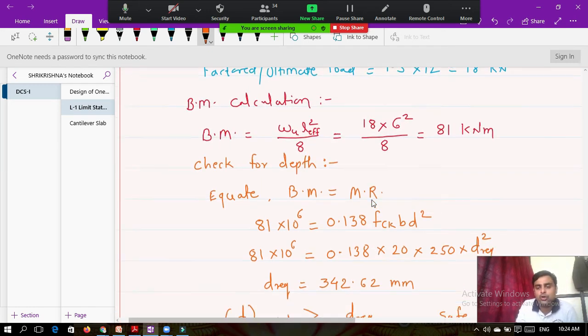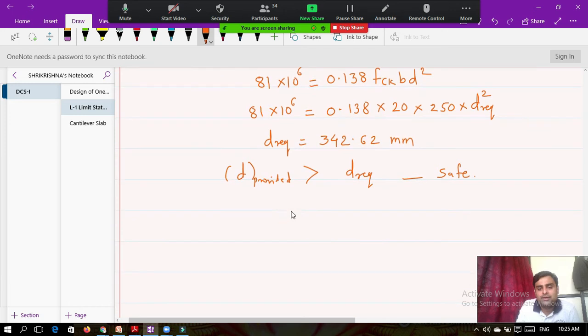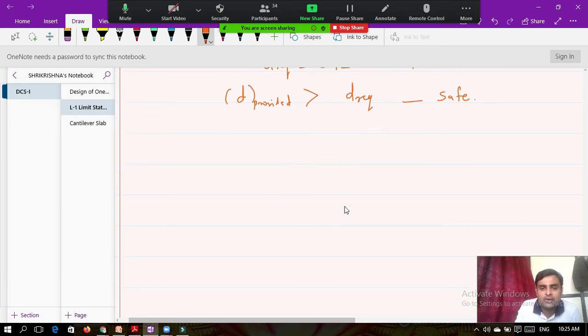What we do normally after the calculation of bending moment and after taking the check for depth, if the check is satisfied, then we always go for steel calculation. So our next thing is steel calculation. I will write steel calculation.